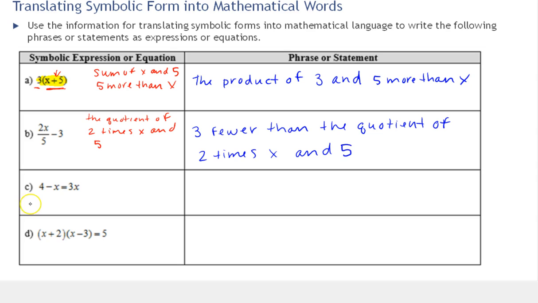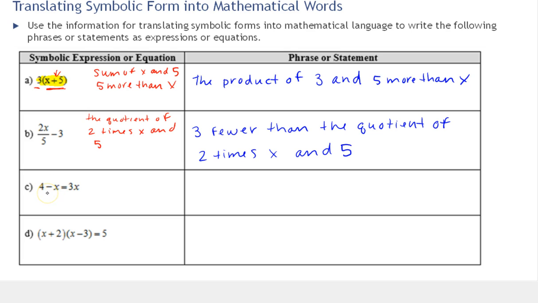Let's look at the next one. Notice here we have an equation, so we're going to use is, and we want to describe the left-hand side separately from the right-hand side, and then we'll use the connecting word is to show that it's an equation. Okay. So here we have 4 minus x. We could write this as x fewer than 4, or we could write this as the difference between 4 and x.